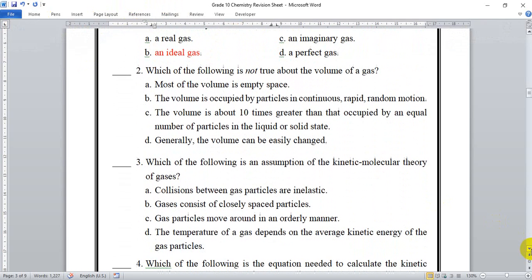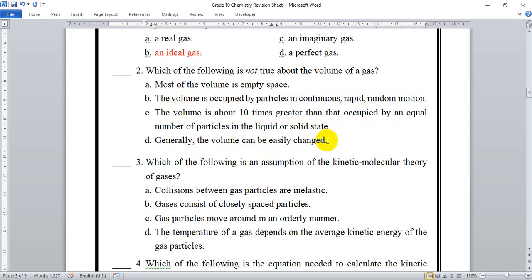Number 2. Which of the following is not true about the volume of a gas? Most of the volume is empty space. The volume is occupied by particles in continuous rapid random motion. The volume is about 10 times greater than that occupied by an equal number of particles in the liquid or solid state. Generally, the volume can be easily changed.